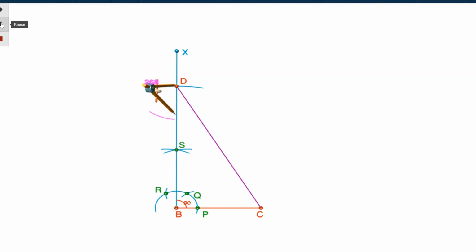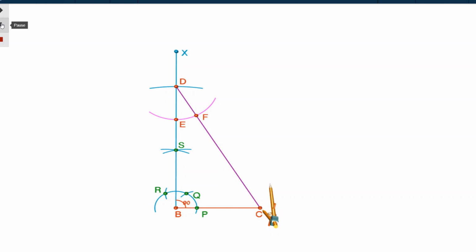So for this, with center D and any radius, draw an arc which intersects the line segments BD and CD at some points. You can name them E and F. So arc EF is the measure of angle D.